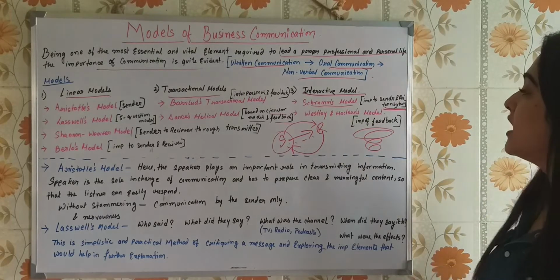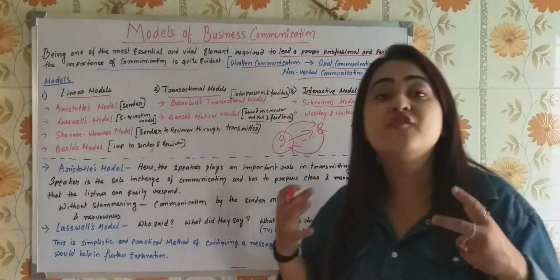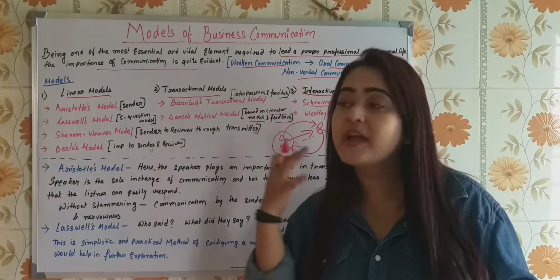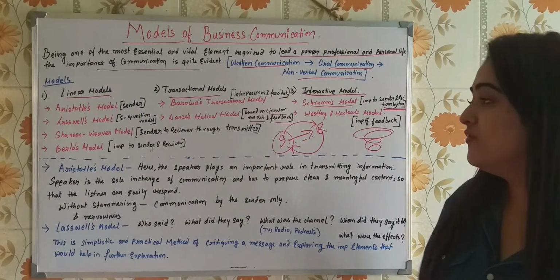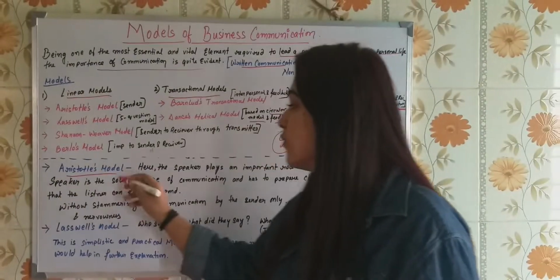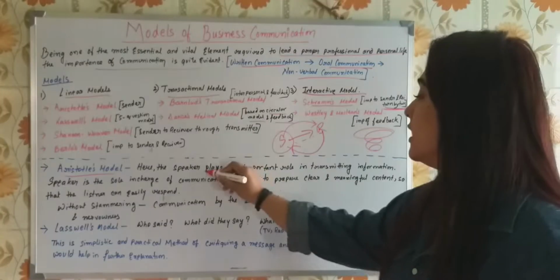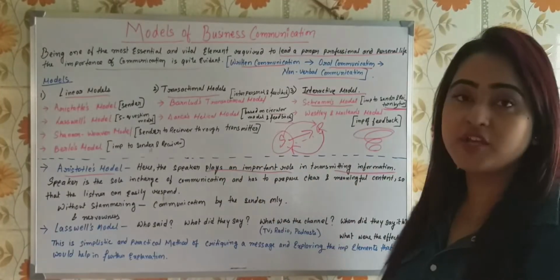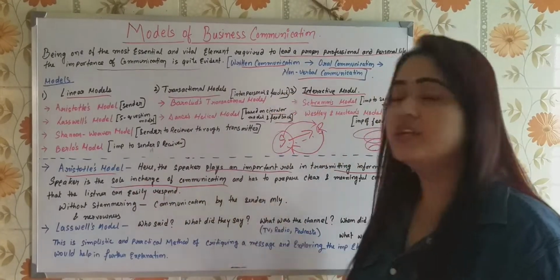Then comes Westley and MacLean's model. Here, importance is given to feedback in this model. So let me explain these two models first. First is Aristotle's model. Here the speaker plays the important role in transmitting information. The speaker is solely in charge of communication here.